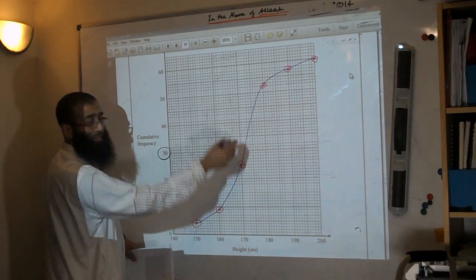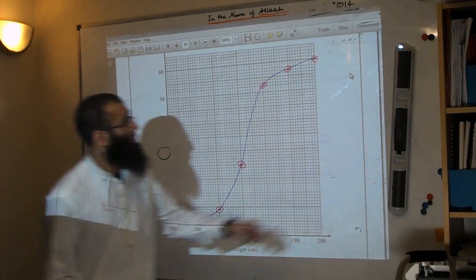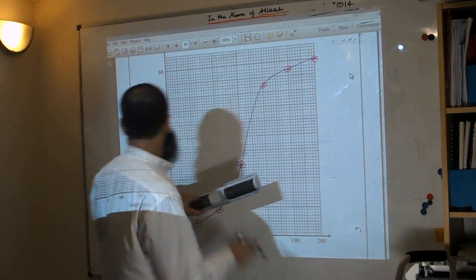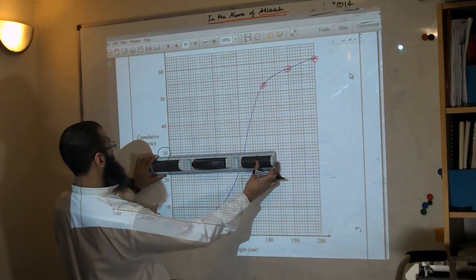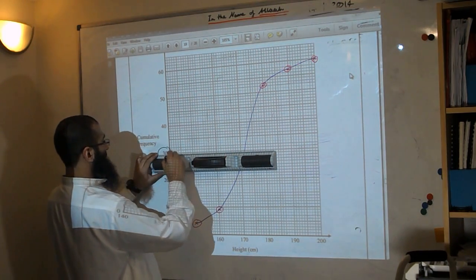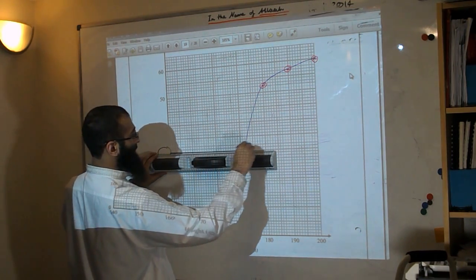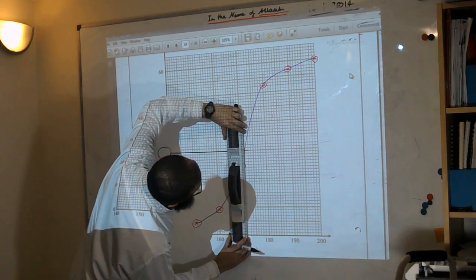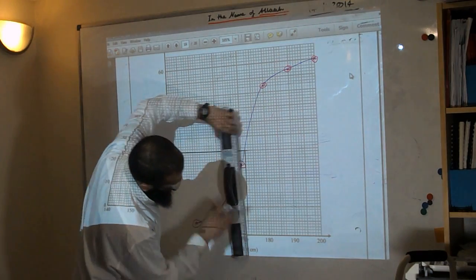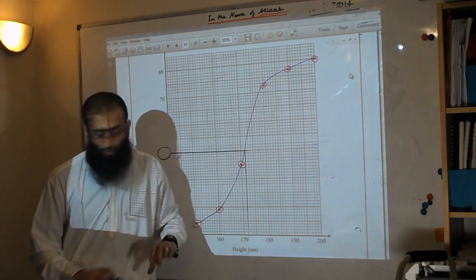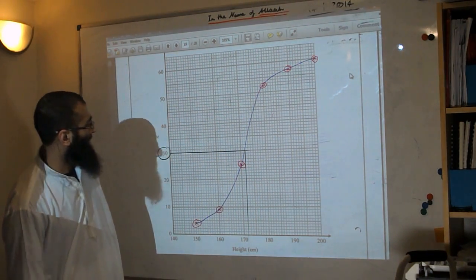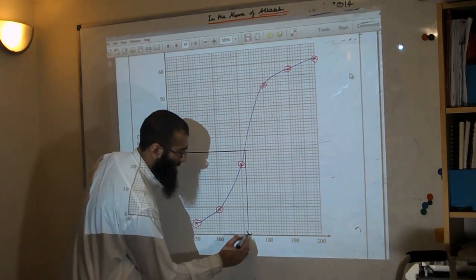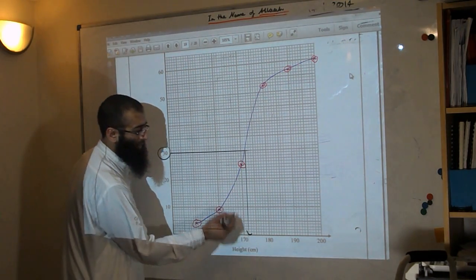So we go across and come down. Mine's going to be roughly 172. So my median is here, 172.